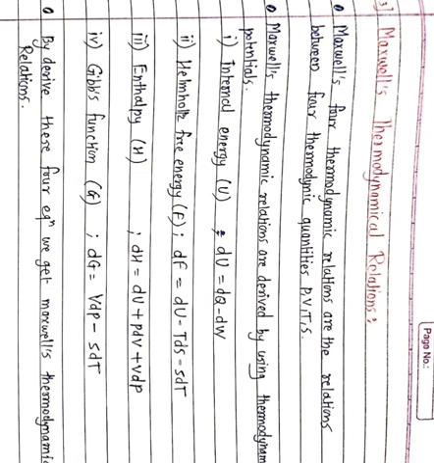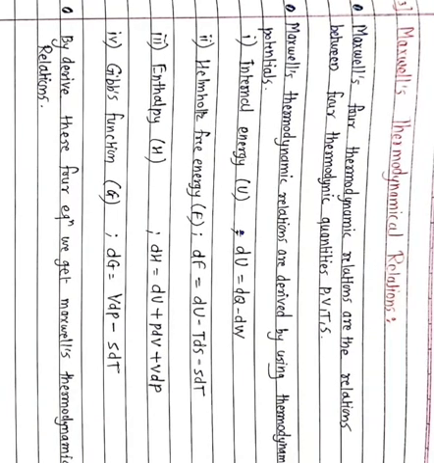What are the equations of these four functions? dU is equal to dQ minus dW for internal energy, dF is equal to dU minus TdS minus SdT for Helmholtz free energy, dH is equal to dU plus PdV plus VdP for enthalpy, and for the Gibbs function, dG is equal to VdP minus SdT.